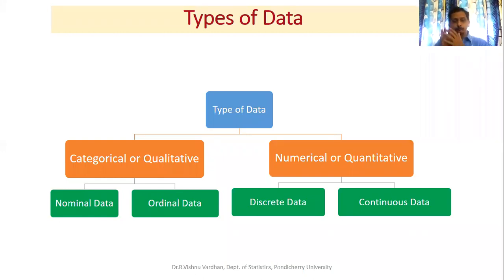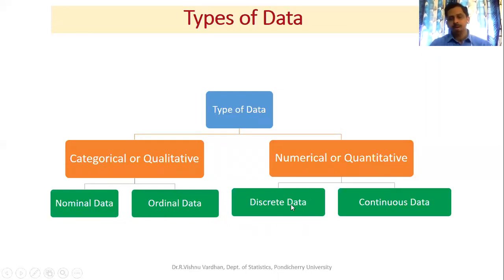So ordinal data has some priority of further action in the data. Similarly, the severity of pain, and score grading systems like A plus, A, B, B plus, C, failure, all come under these qualitative phenomena, with the branches of nominal and ordinal data.